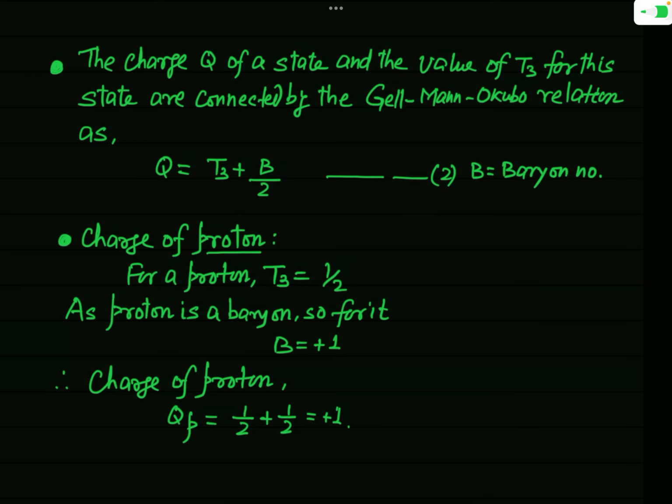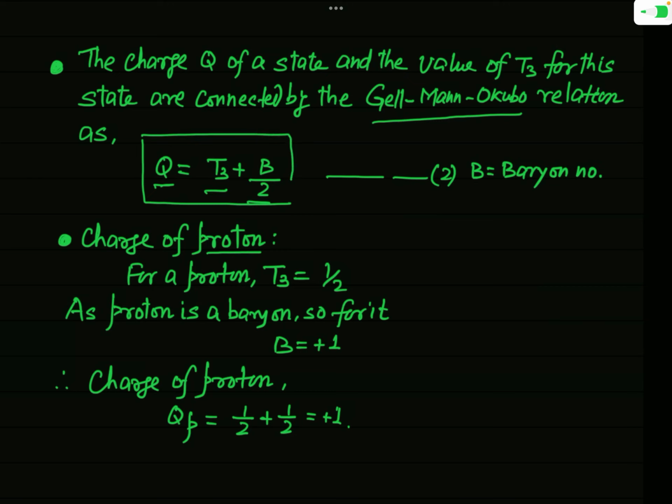For this, you can use a very famous formula given by the Japanese scientist Gell-Mann Okubo, and this is called the Gell-Mann Okubo relation. And what is this relation? According to this relation, the charge of a particle will be equal to T3 plus B by 2. Q equal to T3 plus B by 2.